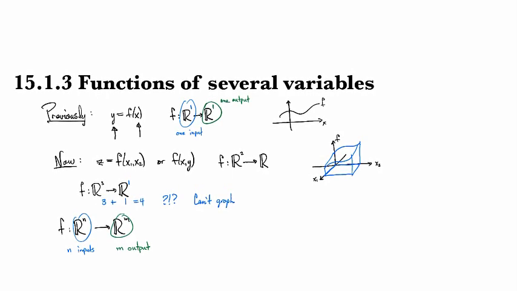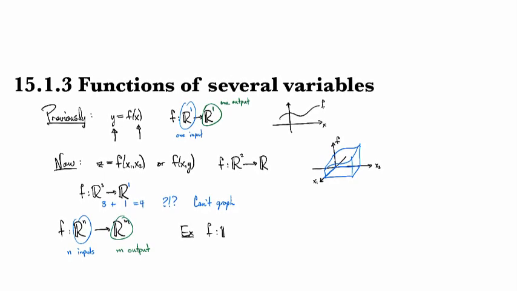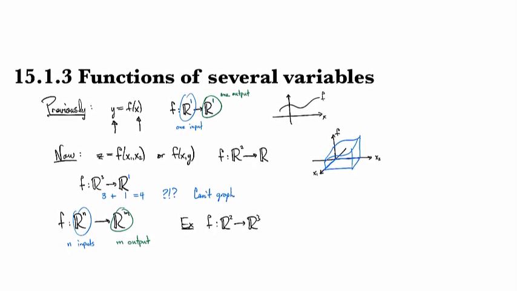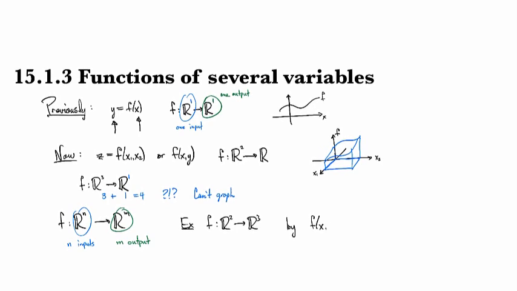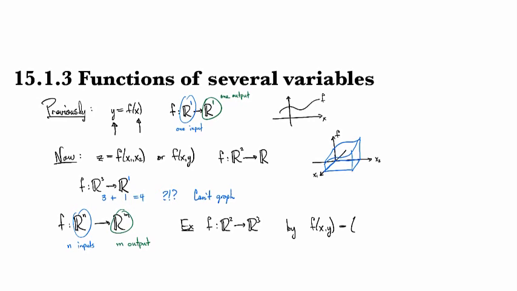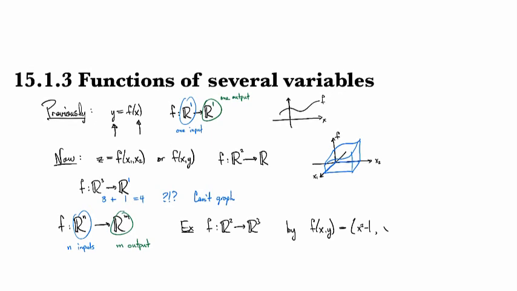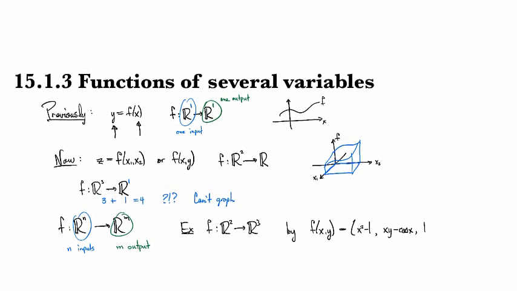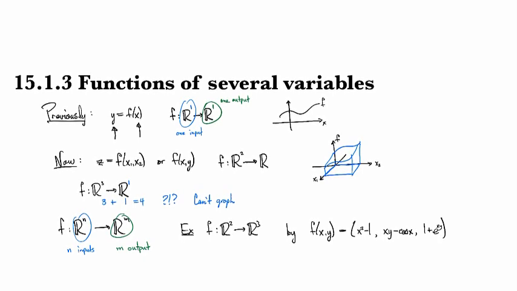So for example, if I had something like a function from R2 to R3 by say f of x, y is, and then so my first component function might be like x squared minus 1, and then my next one is xy minus cosine x, and then my next one is 1 plus e to the xy, something goofy like this.